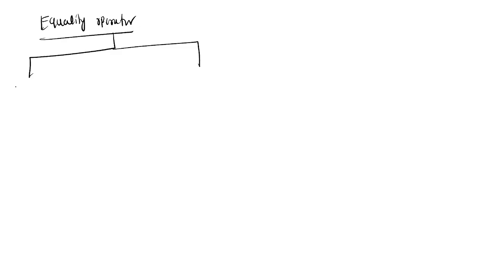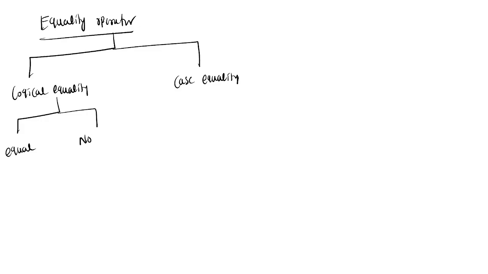And next is the equality operator. Here there are two kinds of equality operators: one is logical equality, and the next one is case equality. Logical equality has two types: logical equal and logical not equal. Then case equality has case equal and case not equal.